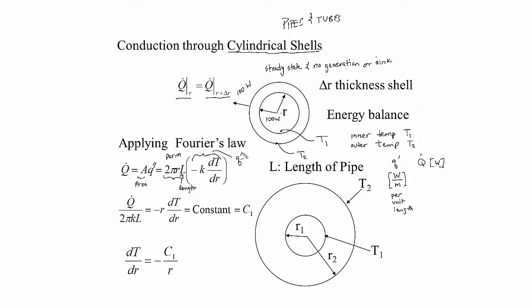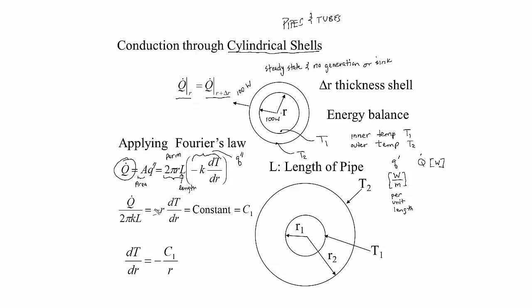This description of the heat flux is where we invoke Fourier's law. So the amount of heat that's transferred, Q dot, is equal to an area description times a temperature gradient. But we don't know what that temperature gradient is at this point. We just know that that's the case.